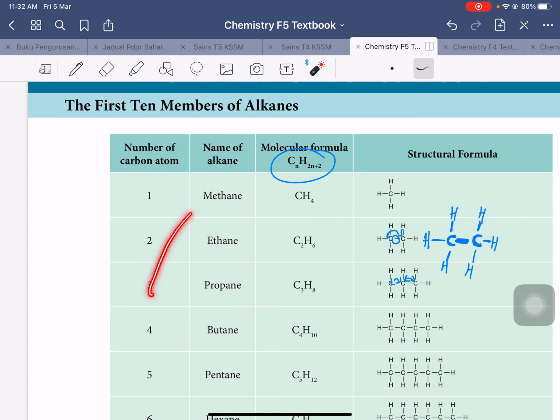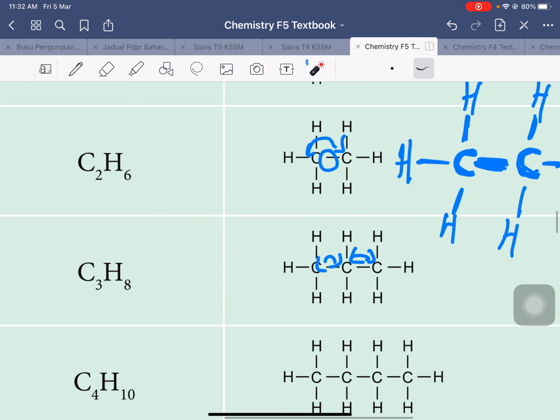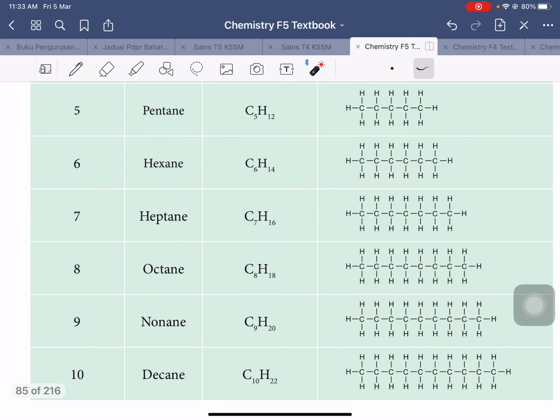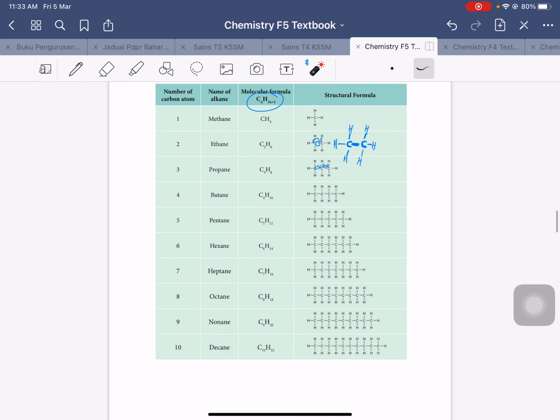So put the 3 inside the n. Sama juga C3H8. So sama juga, you have to draw the C first and then bond it, and then you kira 1C ada 1, 2, 3, 4. Ada 4 bond. Okay, so I hope you understand this one. Same goes to the rest of the members.